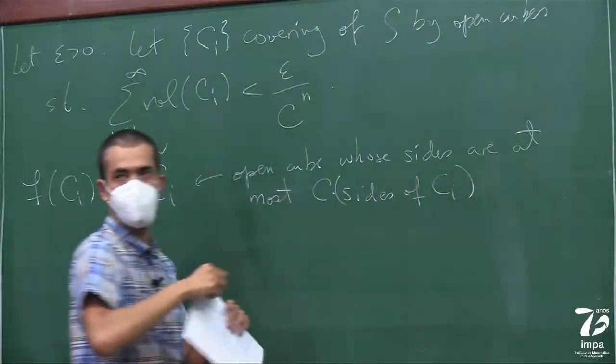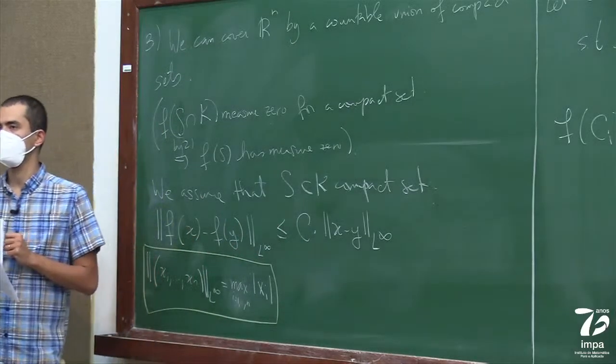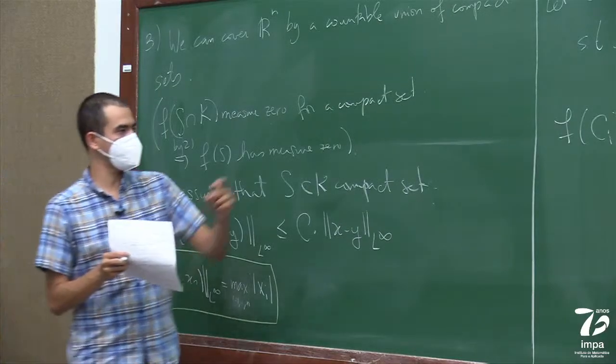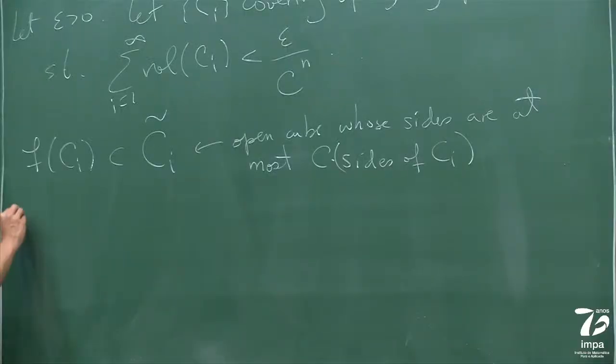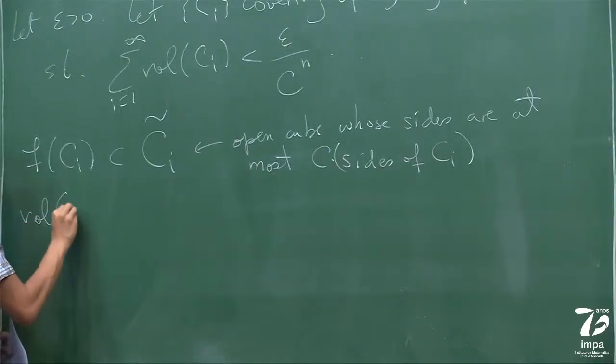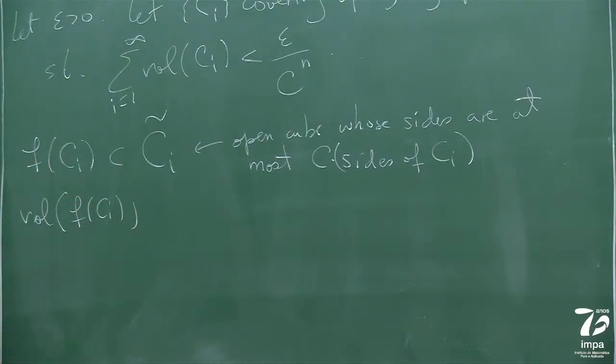So each side gets multiplied by at most c, which means that the volume gets multiplied by at most c to the n. I could spell out the sides and say this has sides a1 through an, but I don't want to overcharge the notation.